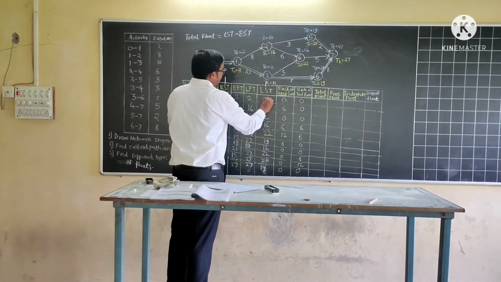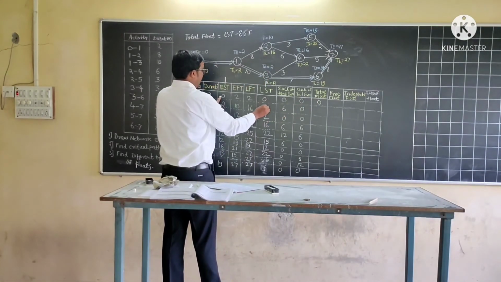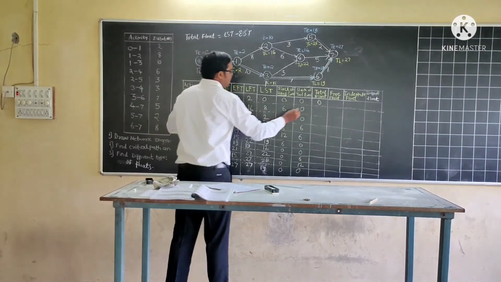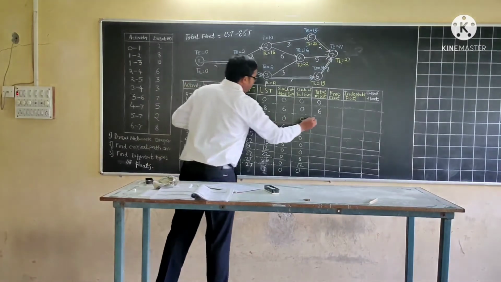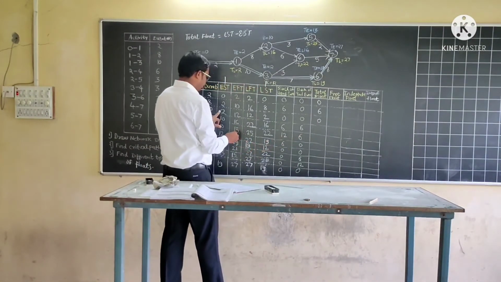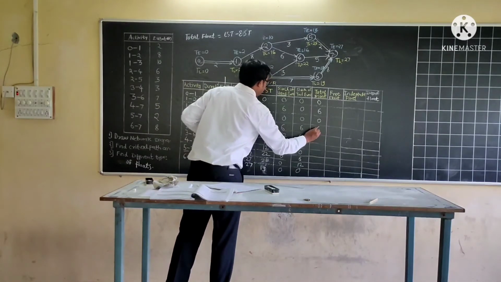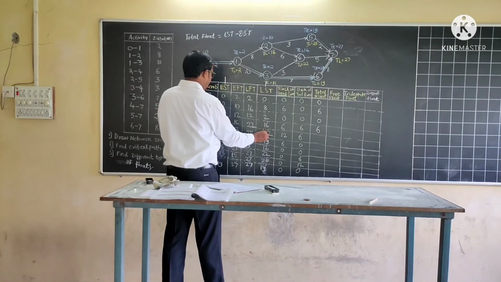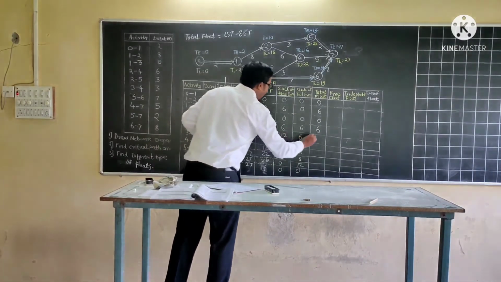So LST 0 minus 0, 0. 8 minus 2, 6. 2 minus 2, 0. 16 minus 10, 6. 22 minus 10, 12.